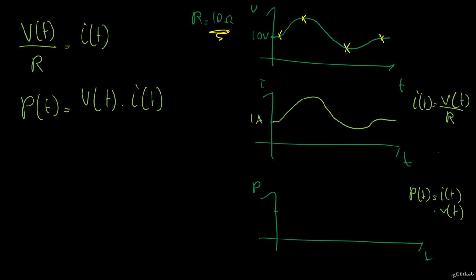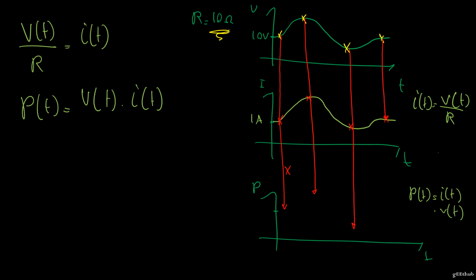So now let's do power. I'm going to take the same 2 points from the current, and multiply them by the voltage. And this time the graph will look the same, except that the minima and the maxima will be a little bit intensified.